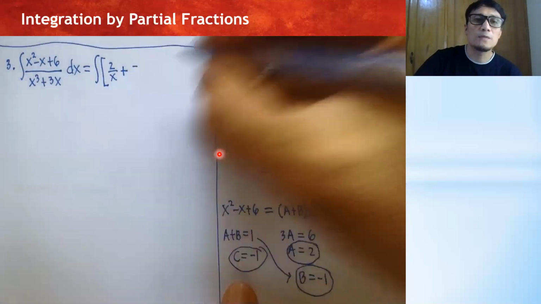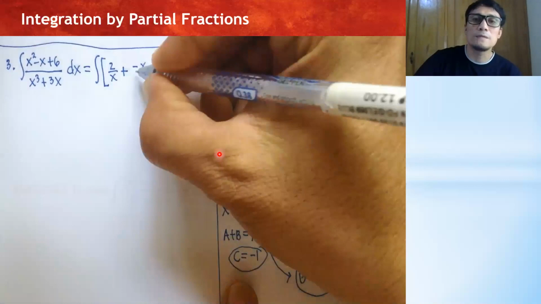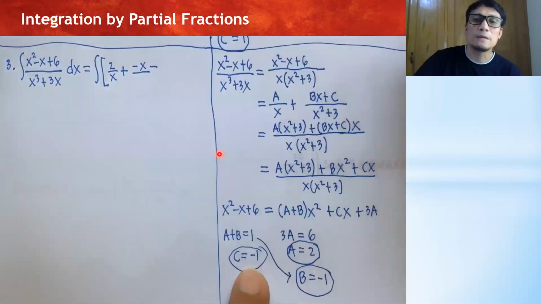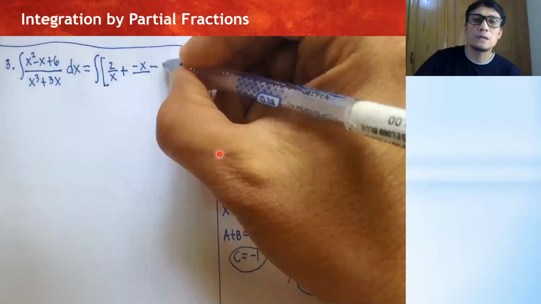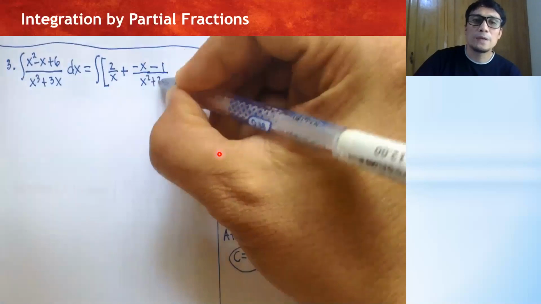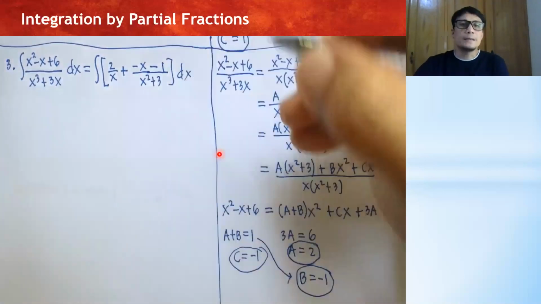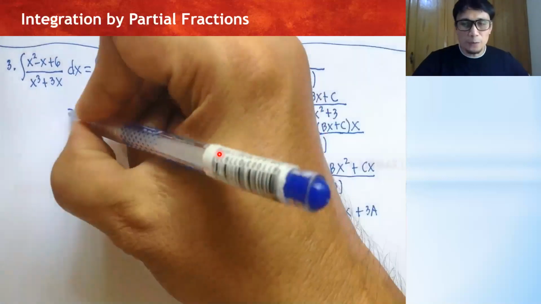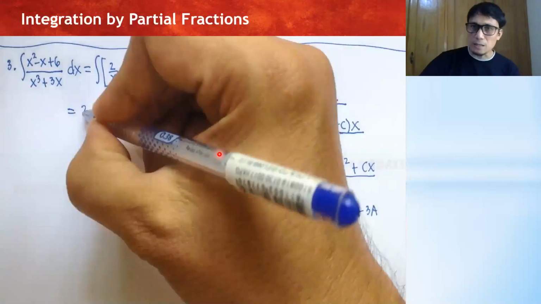So negative x minus 1, okay, which is your C, then over x squared plus 3. And then we put this into simpler form where we can easily evaluate the integral.